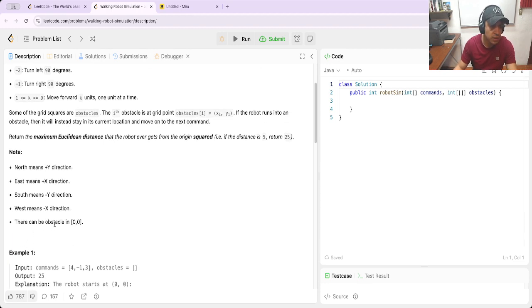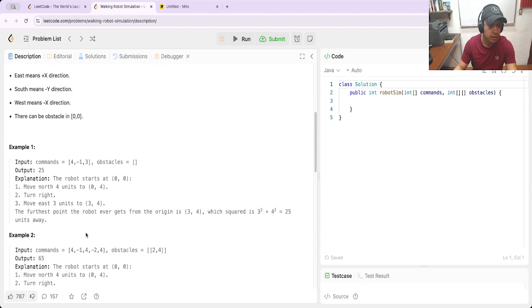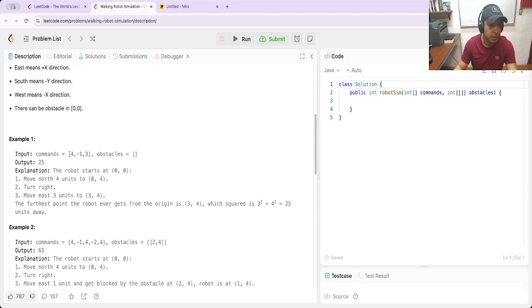There can be an obstacle at (0, 0). This is the command, and this is the obstacle. The robot is starting at (0, 0). Move north 4 units, to (0, 4).